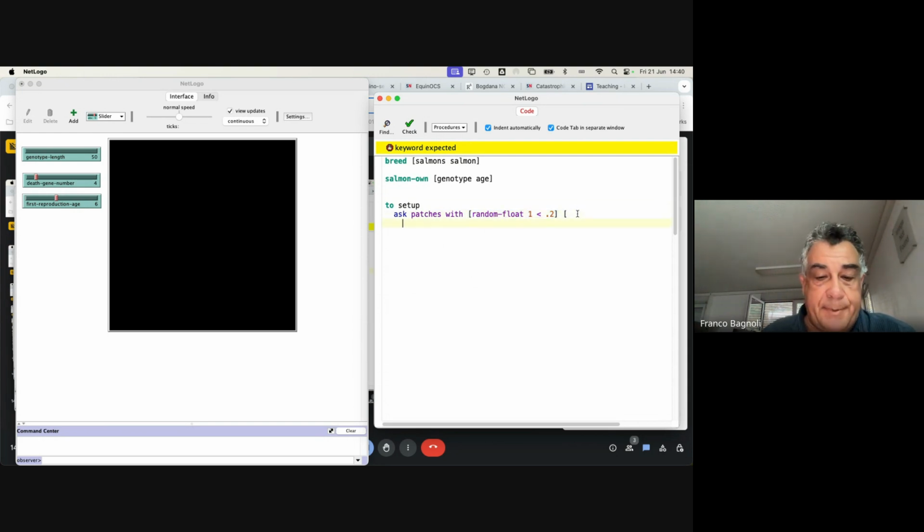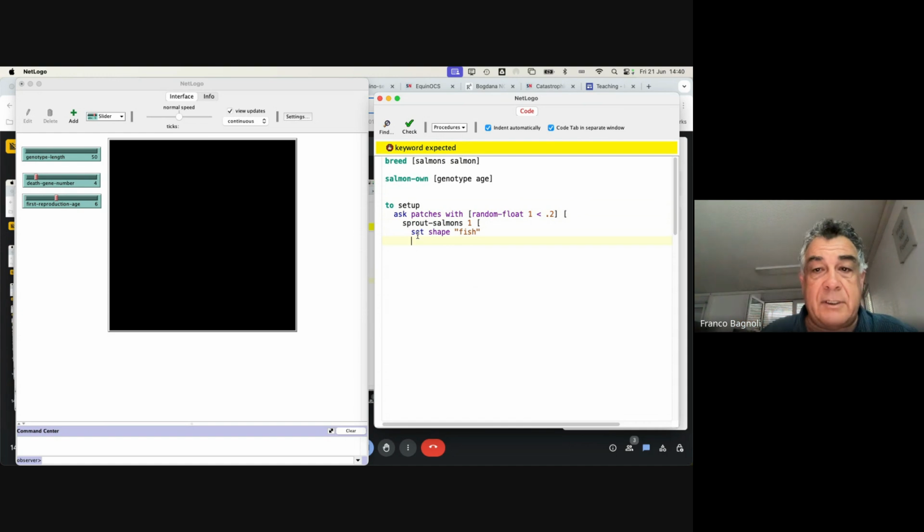Then they sprout one salmon, sprout salmons 1.